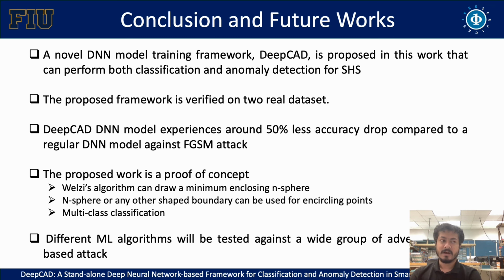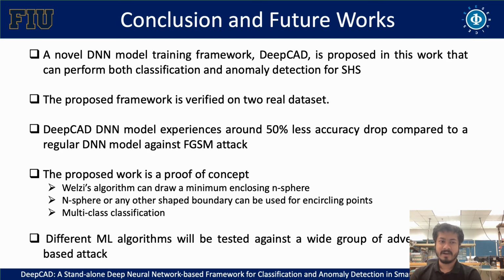Hence, high dimensional features can be considered for our work as well. Moreover, we considered only a sphere or minimum enclosing circle in our work. However, any shaped boundary can be used by extending our work for encircling the points and performing the anomaly detection in a better way.